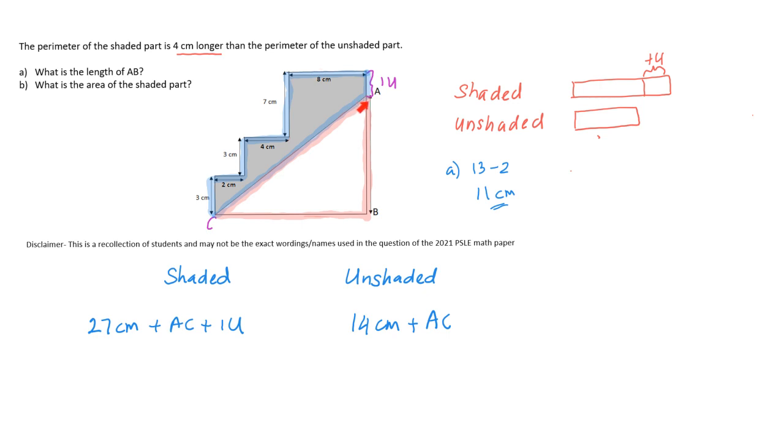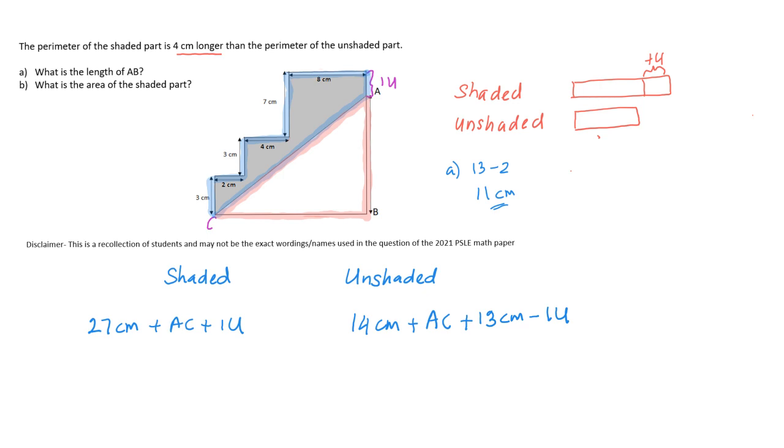Okay, so when we look at the perimeter of AB, I'm going to add up the vertical lines, which is 7 plus 3 plus 3. But I have to minus the 1 unit, which is 13 centimeters minus 1 unit. Okay, so we are told in the question that the perimeter of the shaded part is 4 centimeters longer than the unshaded part.